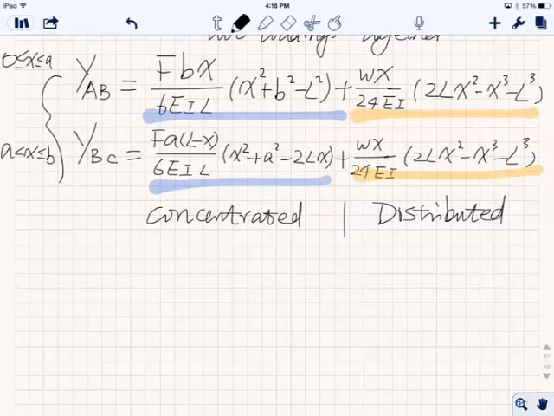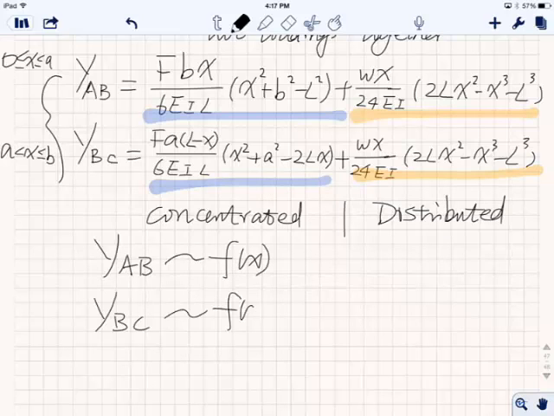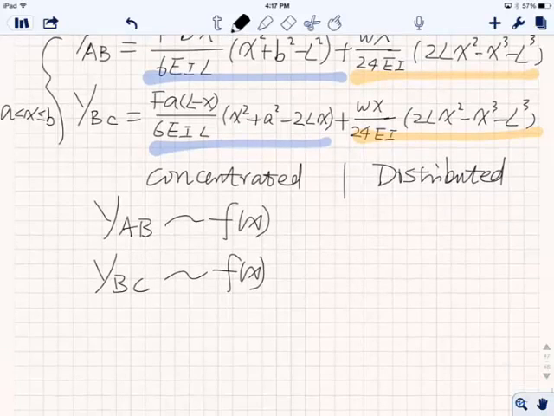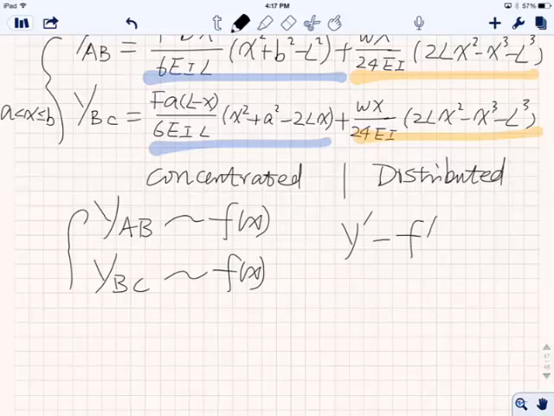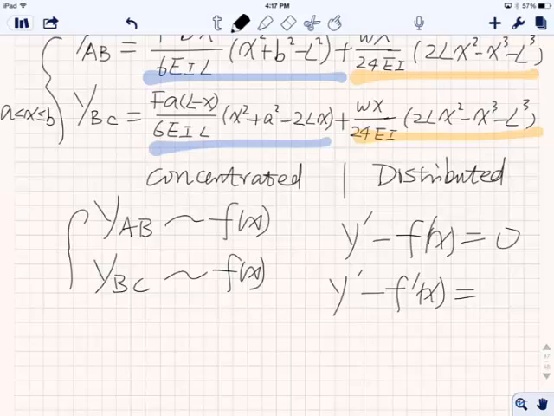We have two functions, right? y_AB, which is a function of x, and here we have y_BC, which is also a function of x. What you can do to find out the maximum value is take the derivative. When your derivative is 0, that's your maximum, right? And you do the same thing here. When you take the derivative, you find out your maximum.